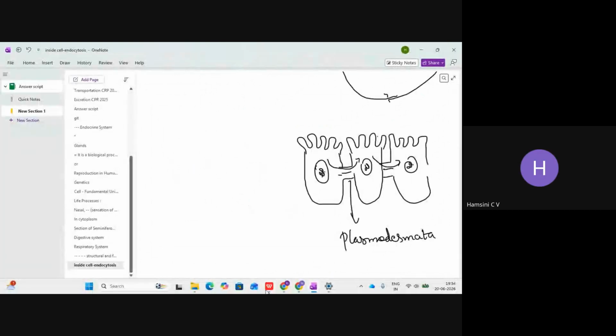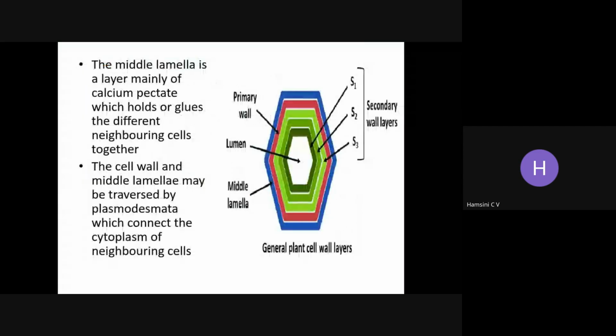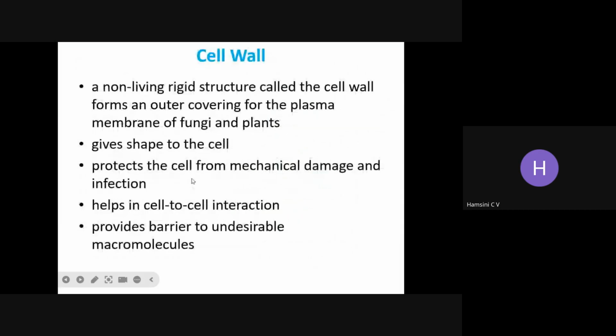Now moving to next. Did you please make a note of the compositions here? Algae. Just write algae. First one, right? Cell wall is a non-living component of a cell. Please make a note.